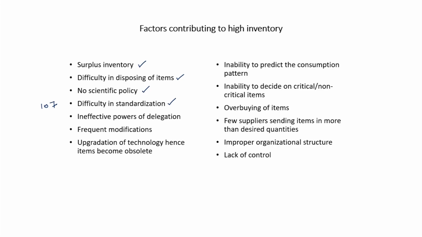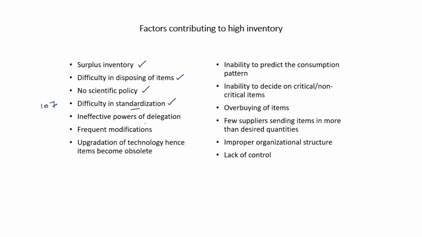So, once they found out, they considered it as one, and we will see after some time what is the impact of standardization on inventory, variety reduction. If we are able to reduce the variety by standardization, we can substantially reduce the inventory of the system.